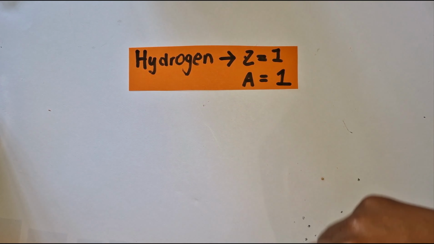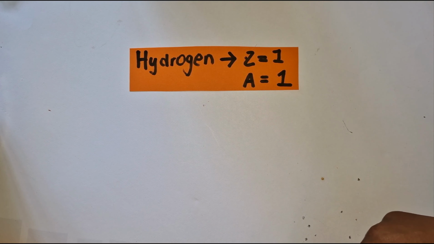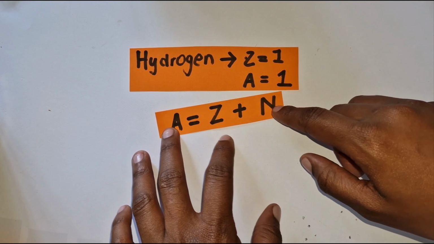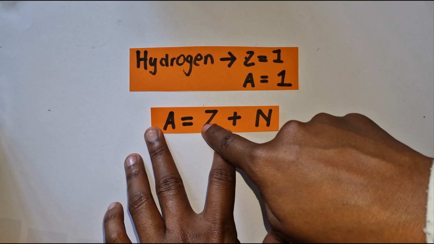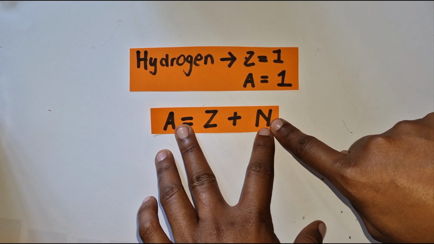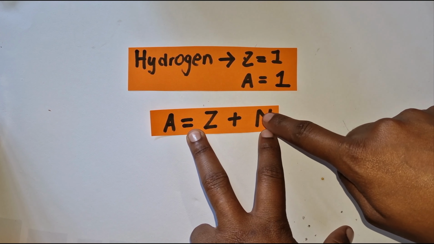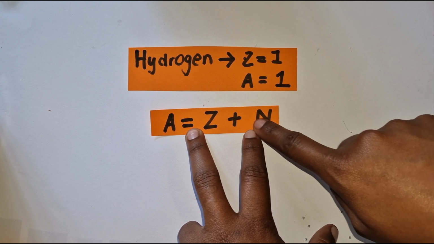And I'm asking you to tell me what is the number of neutrons in a hydrogen atom. I said to you the atomic mass number A equals the number of protons plus the number of neutrons. We know the atomic mass number is 1. We know that the number of protons is 1. What then is the number of neutrons?